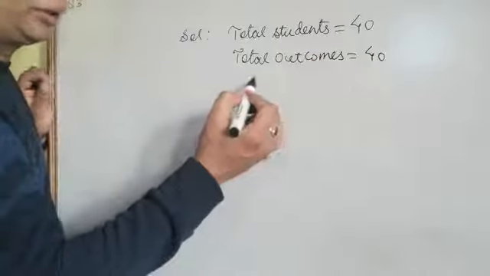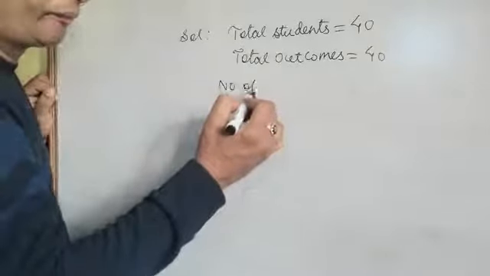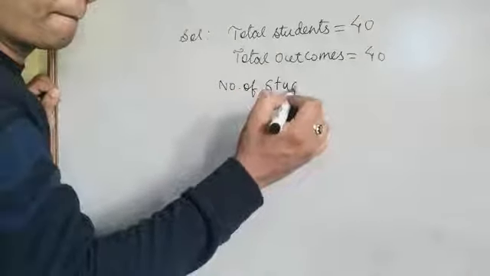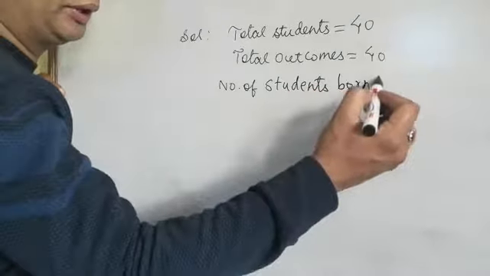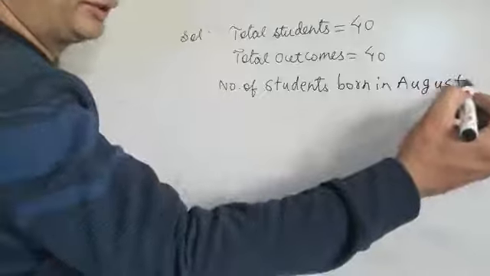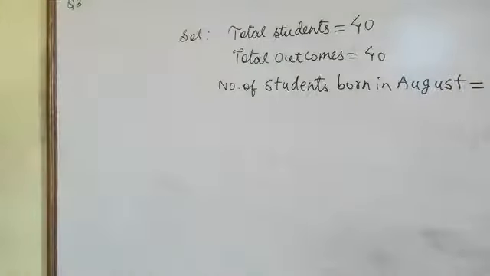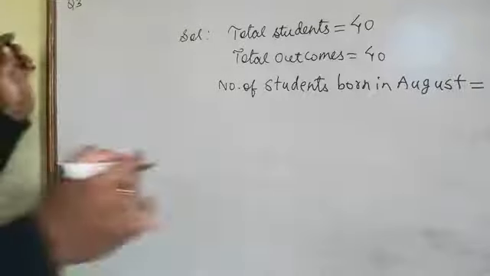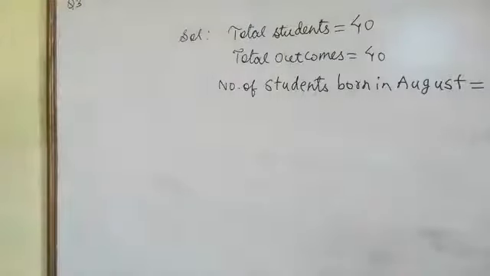And the number of students born in the month of August, according to the paragraph, is very clear: 6 only.